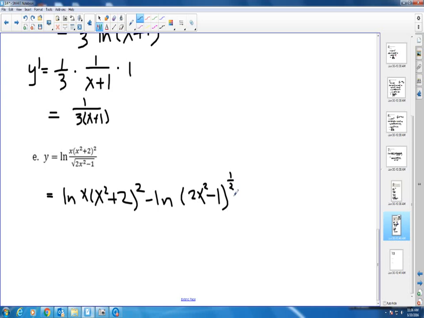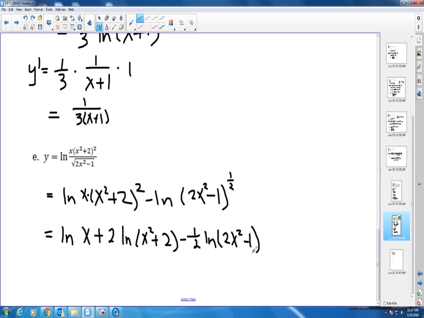The reason why I say half power is because that allows me to move my exponent to the front. So this first term will be addition of a natural log of x, plus, go ahead and move my exponent forward, 2 times natural log of x squared plus 2, then minus, move the half forward, half times natural log of 2x squared minus 1.